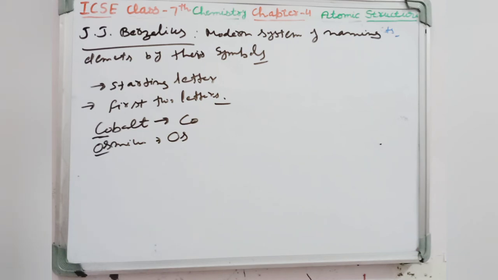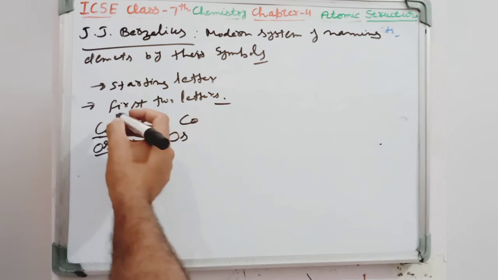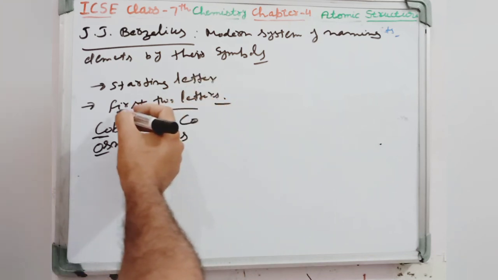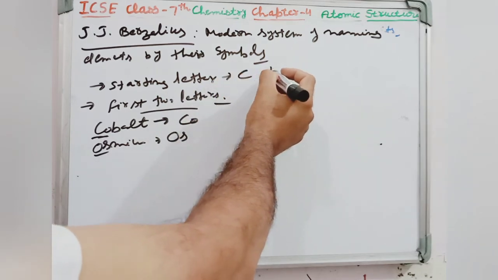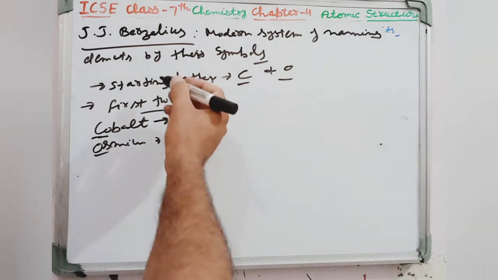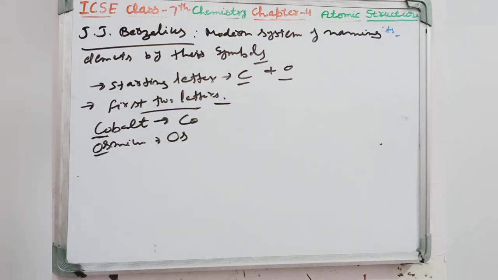Now, there is also a story for choosing those first two letters. Why not only the first letter? Because before this, carbon and oxygen were already named, so he had to choose the first two letters.